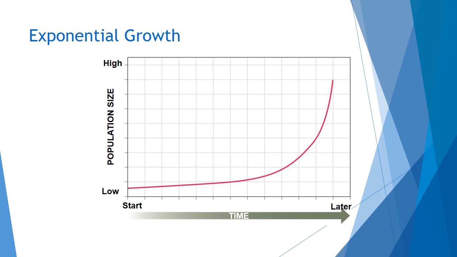So a lot of times we will discuss it as the J-shaped curve. Human population right now is experiencing exponential growth. We haven't run out of food or space to cause us to switch to a different type of growth, which is next.